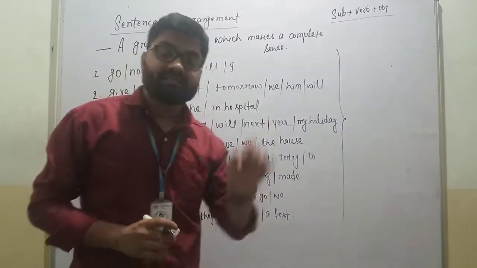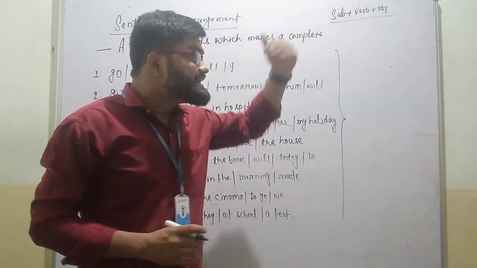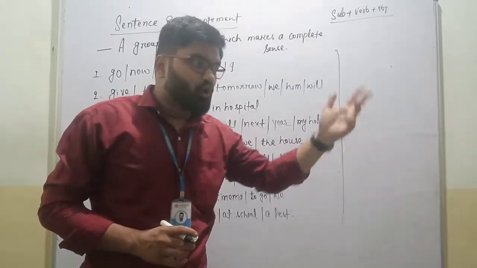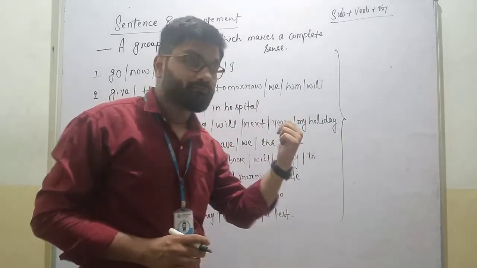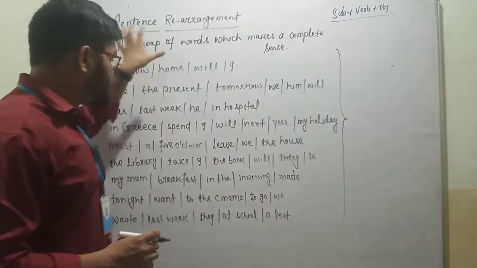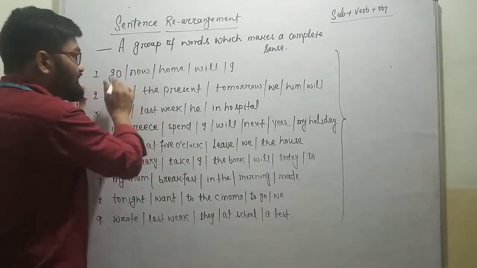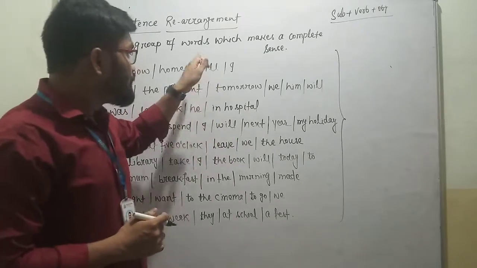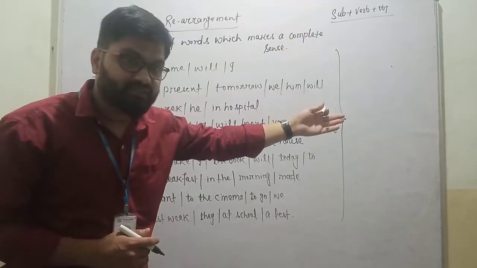The first is subject and then verb. These two are a must. Rest, object or complement or anything like that you can put over there. So here we should recognize the subject, the verb and then the rest part of the sentence.